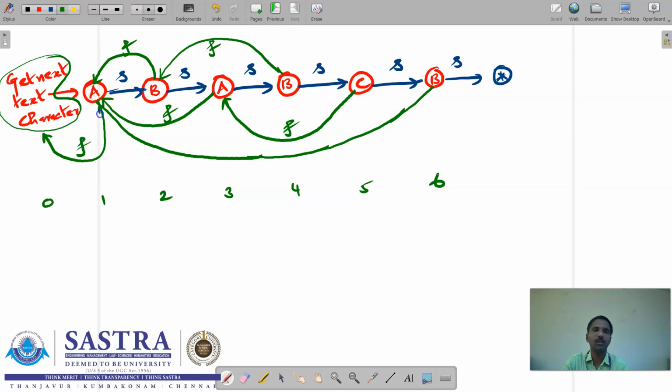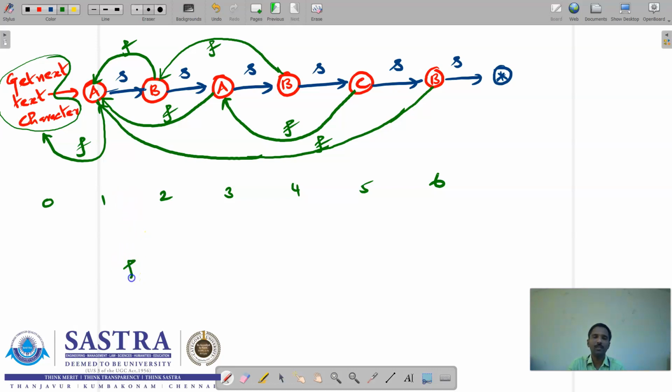Okay, this one. This is F. Now this is the KMP flowchart construction, upon the execution of the flowchart construction algorithm for the given pattern AB, AB, CB, right?